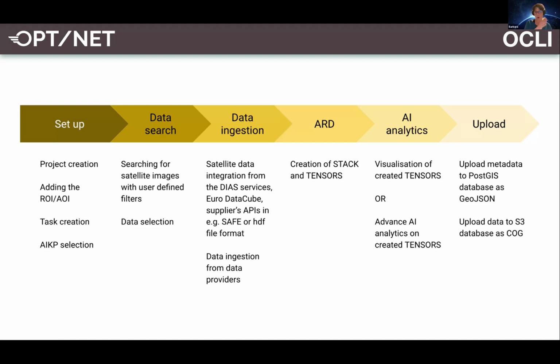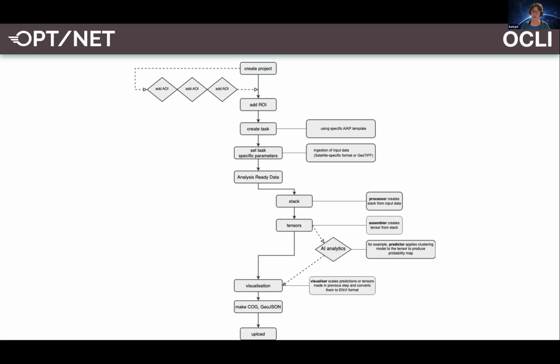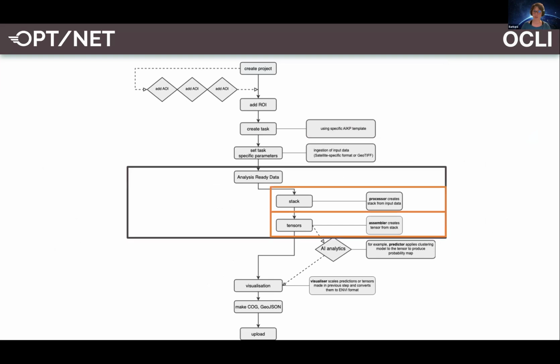You go from your satellite imagery or your input data, you standardize it into a stack, then you perform certain pre-processing steps depending on the satellite, depending on the payload. You convert them into tensors, and then those tensors can be either visualized or you can apply AI analytics on top of them. This is a very similar flow, which I will go through very quickly for the sake of time.